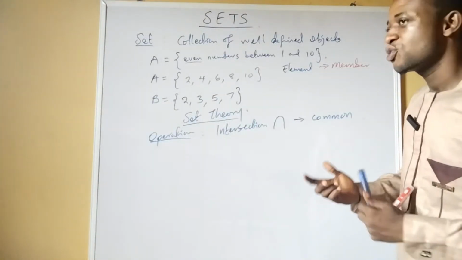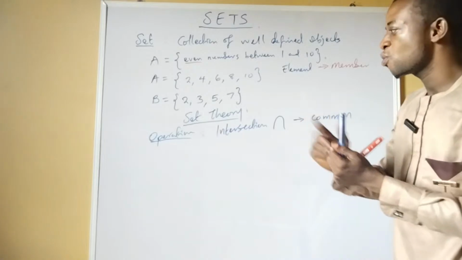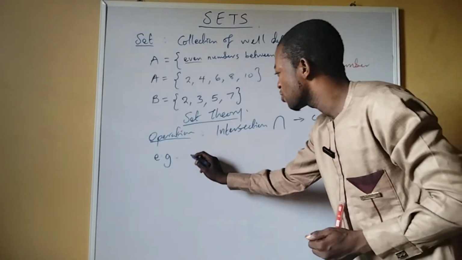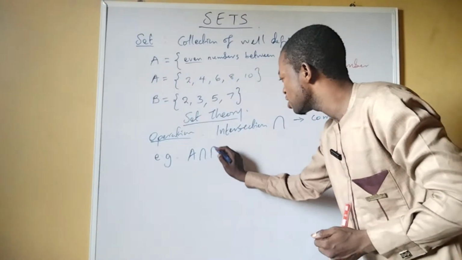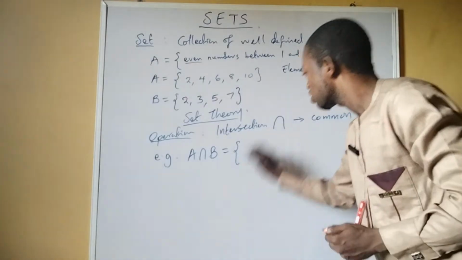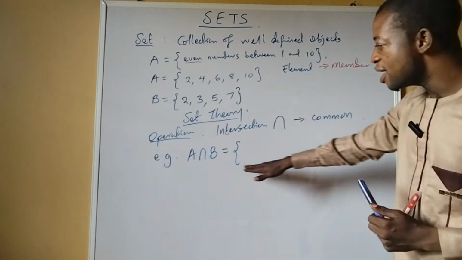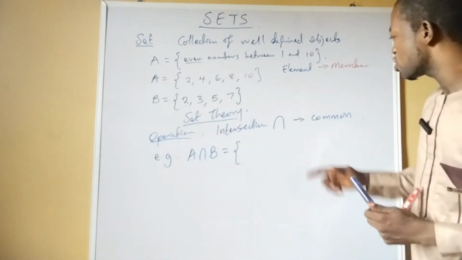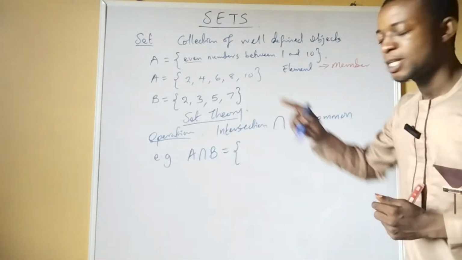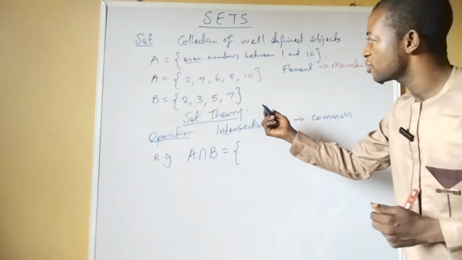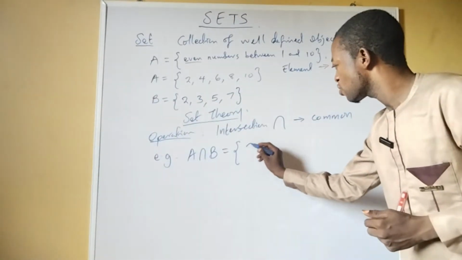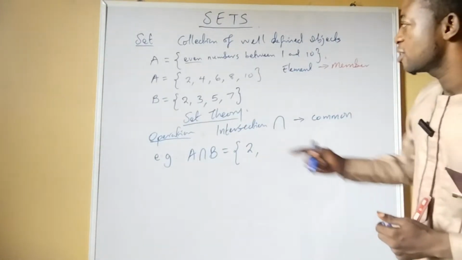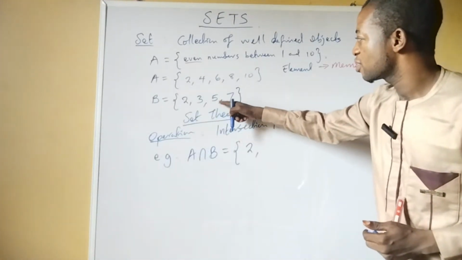When you list out what is common, for instance, looking at the sets we listed now, you can ask what is A intersection B. From here we write the set of elements of A intersection B, and that is what is common to both A and B. When we look at it, 2 is here, 2 is here, so 2 is common. 4 is not here, 6 is not here.